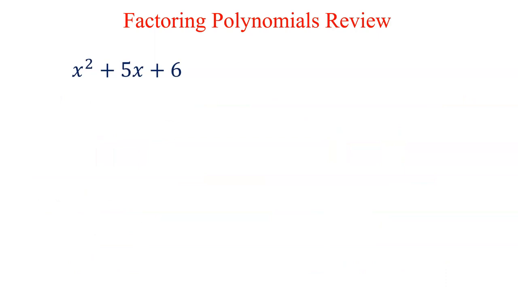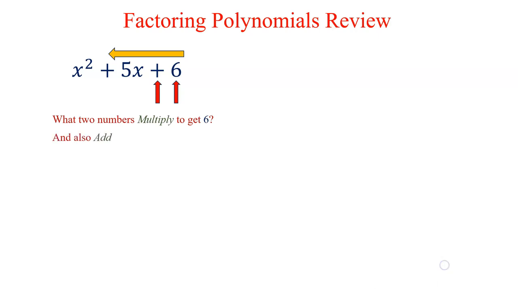If I continue to read backwards, like I'm suggesting, we want to find two numbers that multiply to give 6 and also add to get 5. And now here, this will tell me something about the signs. Because you said add here, you will then say both.